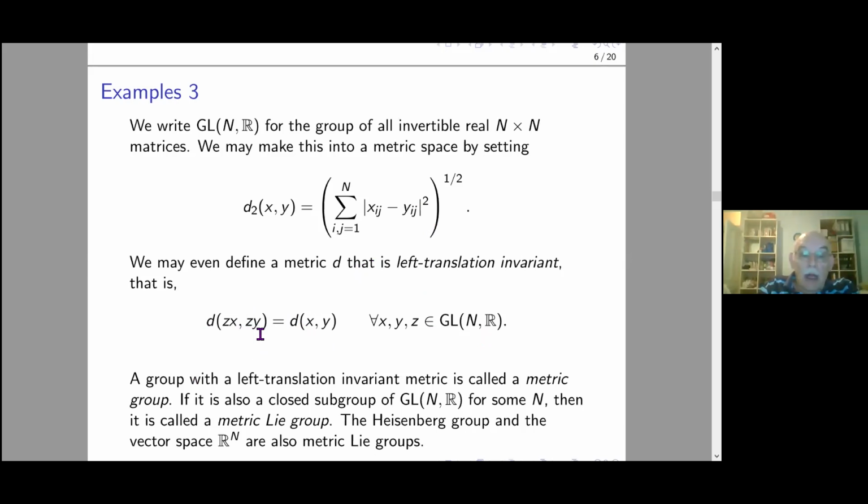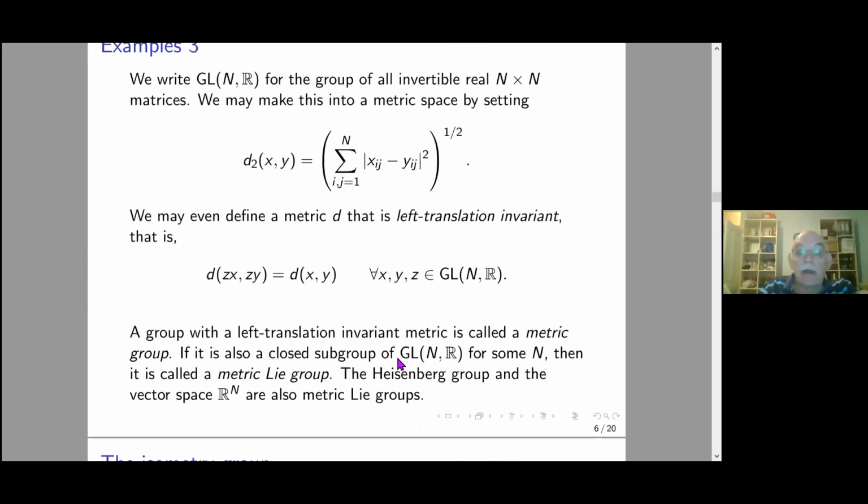A group with a metric that satisfies this property we call a metric group, and if it's also a closed subgroup of this group of matrices, I'll call it a metric Lie group. It turns out that the vector space Rn and the Heisenberg group that I talked about before are other examples of metric Lie groups. So lots of examples, lots and lots of examples.